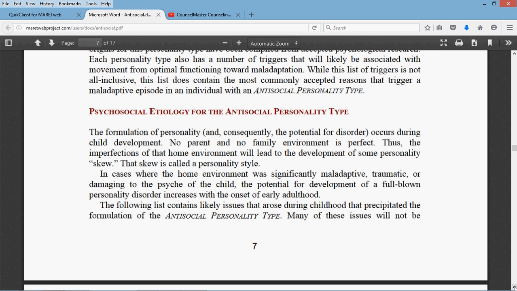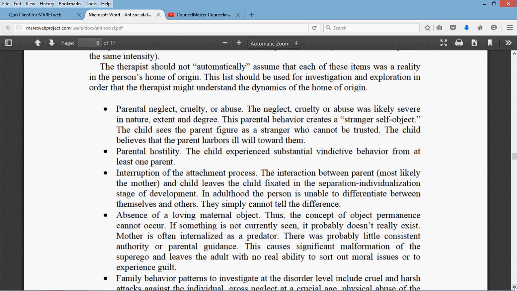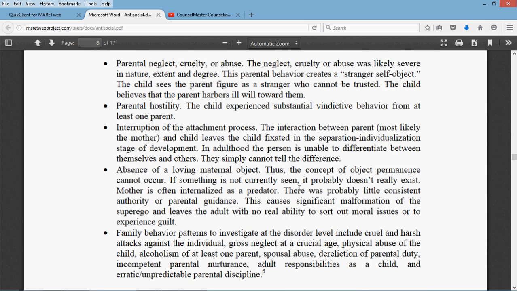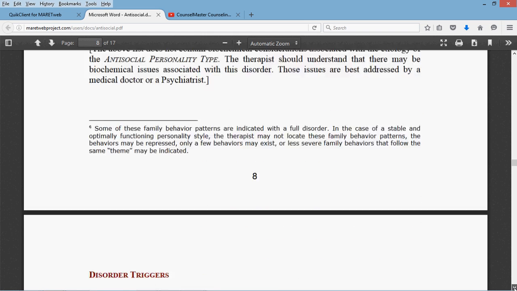So these are some of the things that may influence a person to have a leaning toward antisocial issues, things that you can discuss with a client.